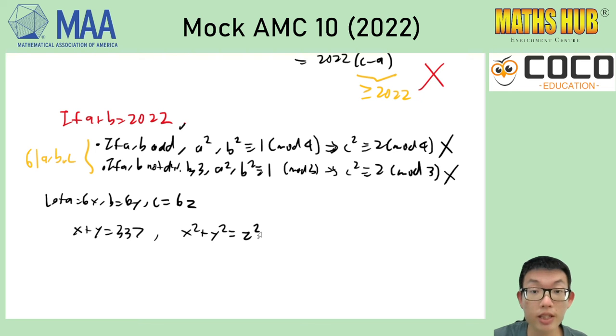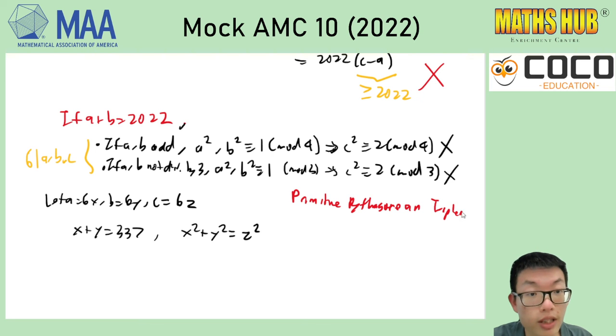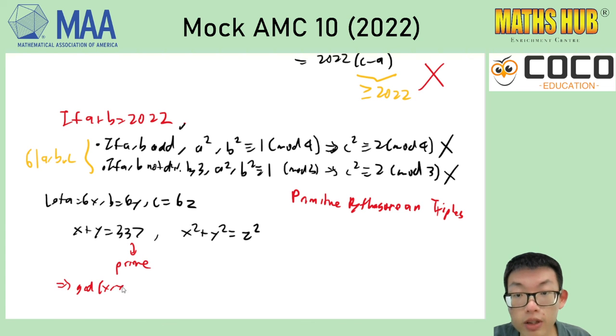Okay, so same issue here. The question is, how am I going to do this? And the answer to this is that I'm going to make use of a slightly more complicated result. I'm going to use the result on Pythagorean triples, primitive Pythagorean triples. Now, this is the general form of any 3 numbers that satisfy this if they are relatively prime. They have no common factor other than 1. Now, since 337 is prime, this means that my x and y will not have a common factor.